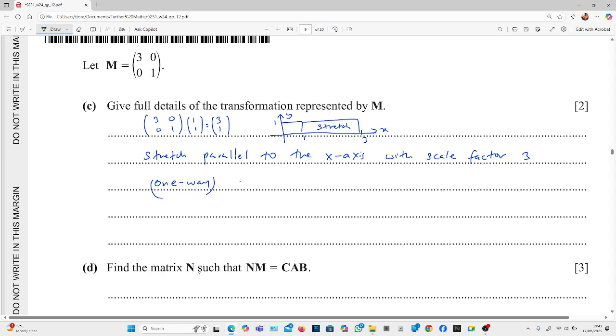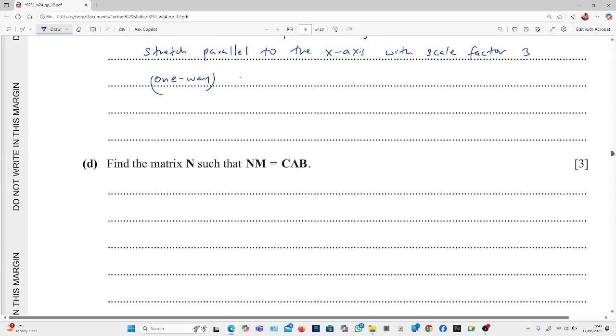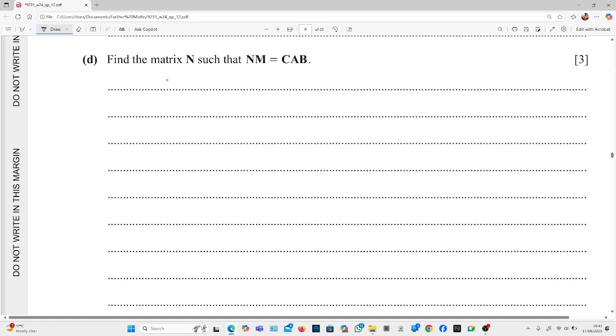We need to find the matrix N such that NM is equal to CAB. Now we also need to find this matrix N here, so N is going to be equal to CAB multiplied by the inverse of M. So we're going to get all the information here.